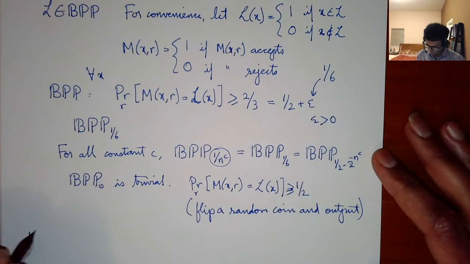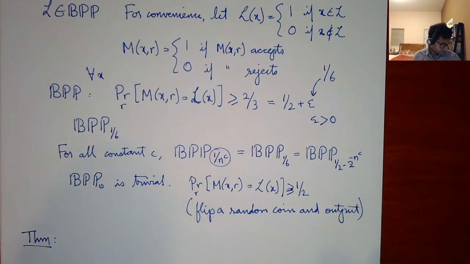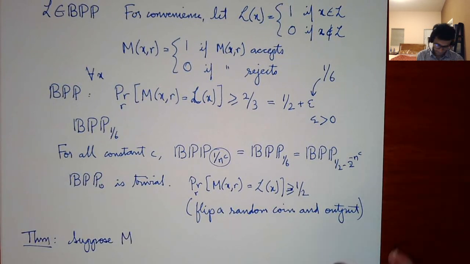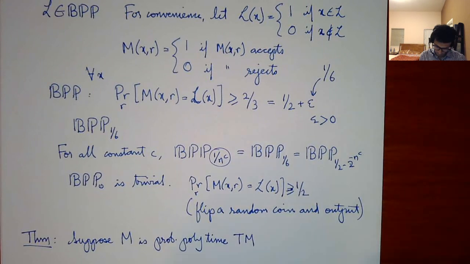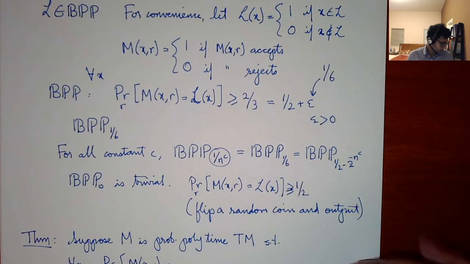So we'll prove our theorem here. We'll say, suppose M is a probabilistic polynomial time TM such that for all x, the probability over the randomness that M(x,r) is equal to L(x) is at least half plus 1 divided by x to the c.